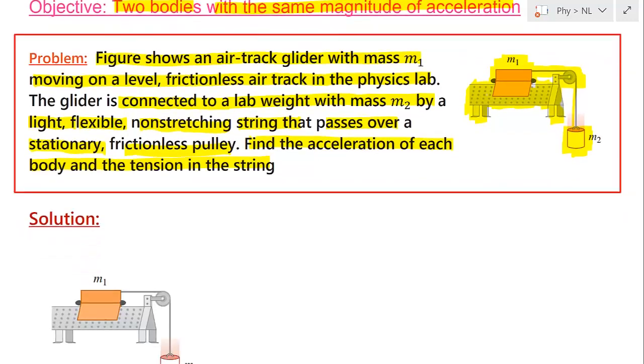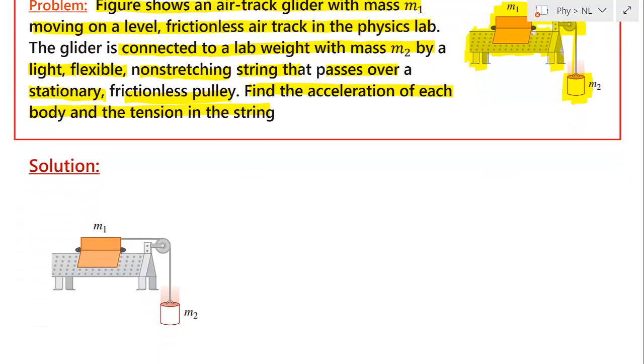So in this case the target variables are the acceleration of each object and the tension in the string. And what is given? We have been given mass m1 and mass m2, so the masses of each object are given.